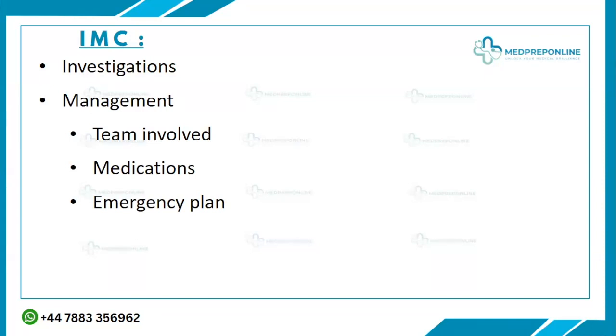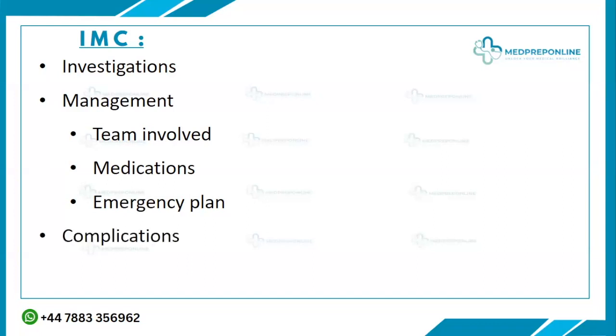So in the management, in one go, it's better to cover all these three points: the multidisciplinary team involved, the medications the child takes, whether on a daily basis, any prophylaxis, any rescue management, and what is the emergency plan for that child.